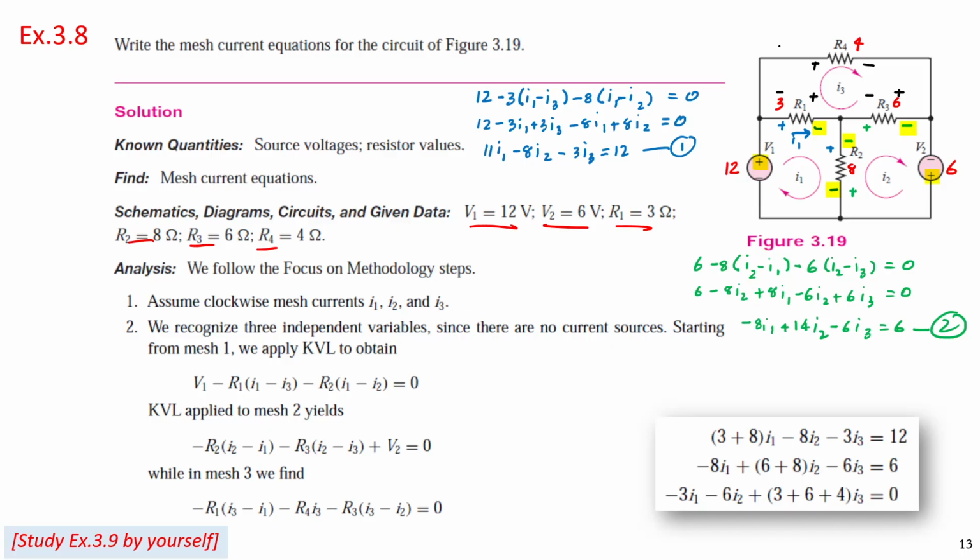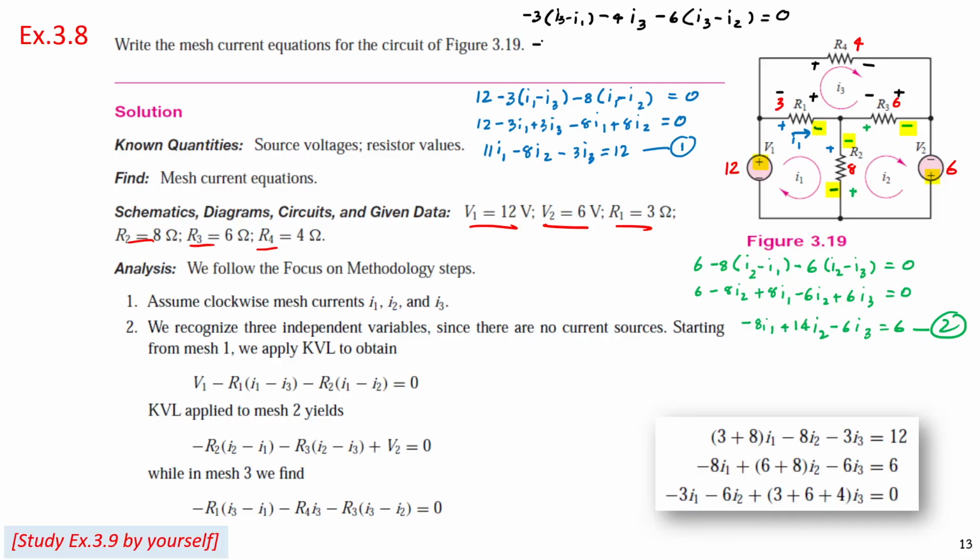So negative, minus 3 into I3 minus I1, and then minus 4 into I3, and then minus 6 into I3 minus I2 equal to 0.